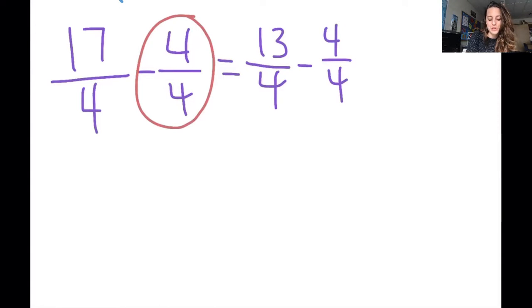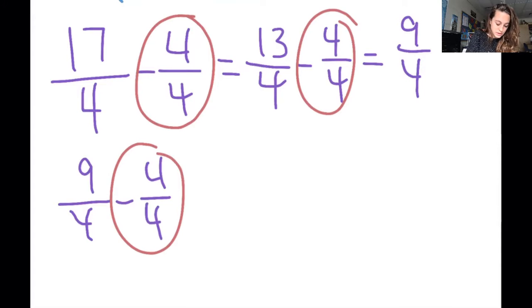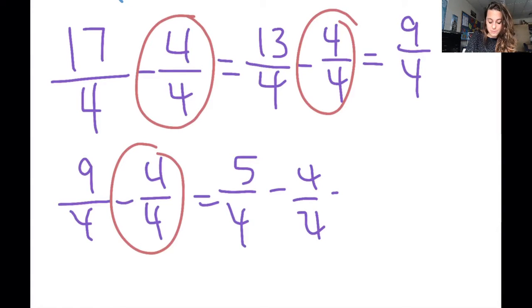4/4 taken away from 13/4. We would get 9/4. We can take 4/4 away again, and we would get 5/4, and we can still do it another time. 4/4 taken away from 5/4 is going to give us 1/4.